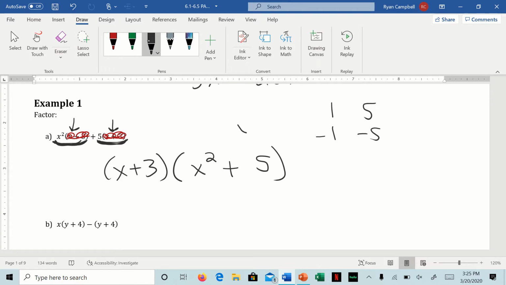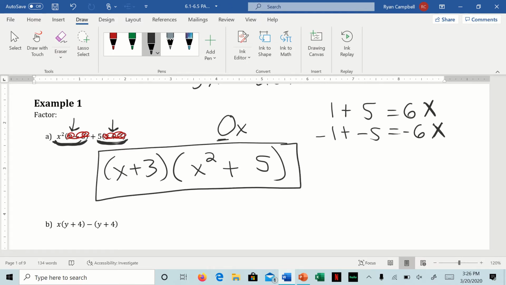So if there's not an x term, what number is going to go in front of that x? Hopefully we can all see that that's 0, right? 0x would just be 0, and that would make everything disappear. So we need these numbers to add to get 0. So if we add 1 plus 5, we get 6, not what we wanted. If we add -1 and -5, we get -6, also not what we wanted. Since there's no other factors, we can see that this is prime, so this actually is already simplified. That's as factored as it can go.